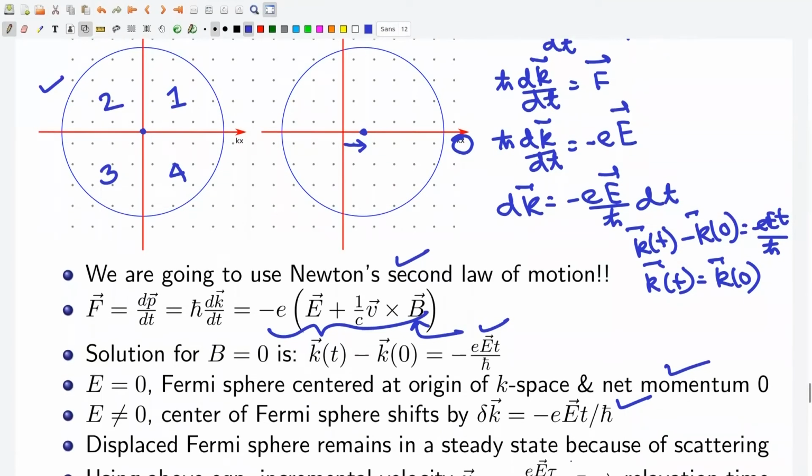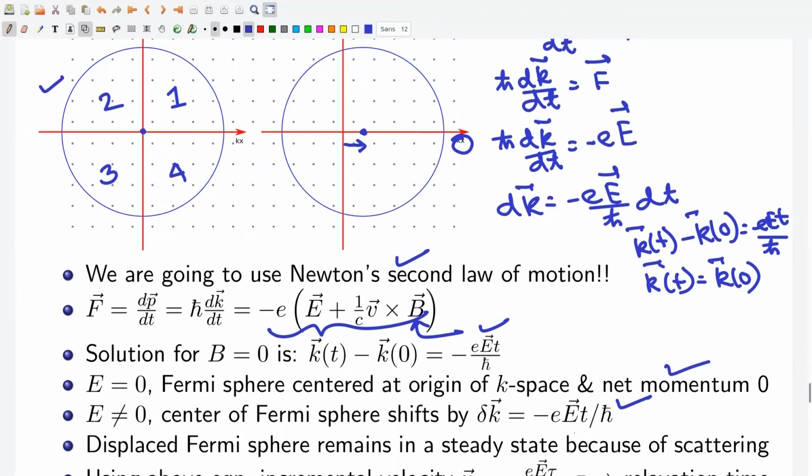Now, the question is, does the Fermi sphere keep shifting forever? Because if you look at this equation, as time is increasing, the center will keep shifting from the origin. Does it happen in that way? The answer is no, because that would imply the momentum will increase forever with time as we apply the electric field.